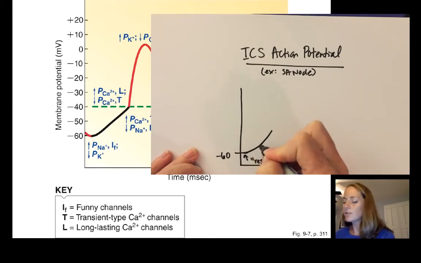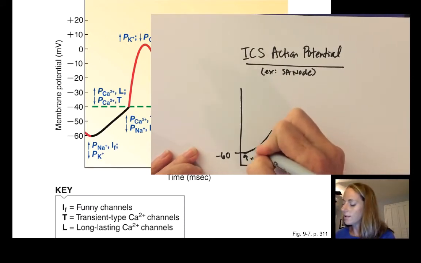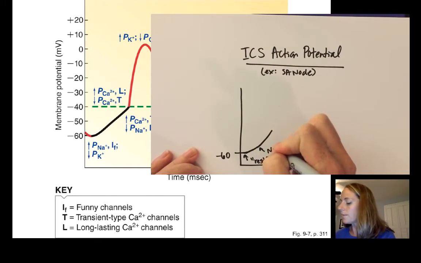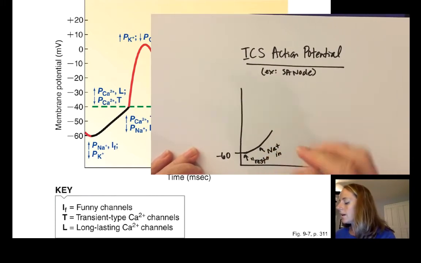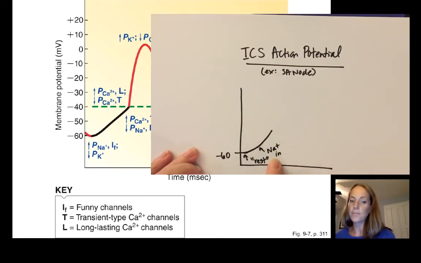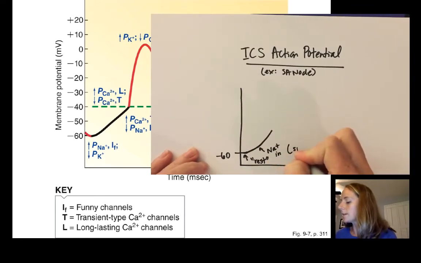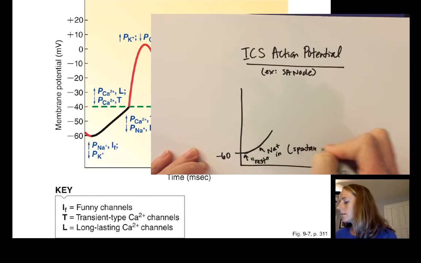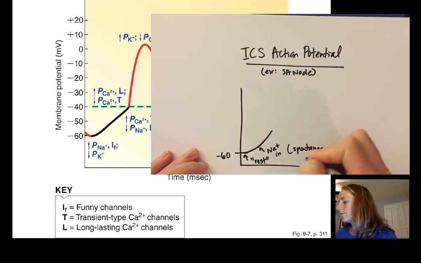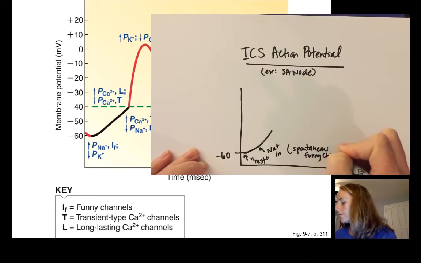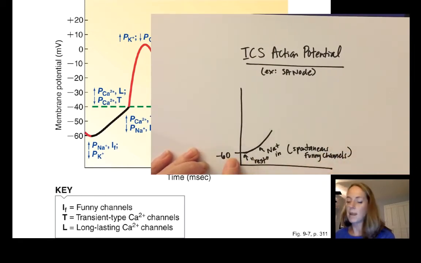And this initial depolarization is going to be due to sodium entering the cell. The sodium is going to enter the cell through spontaneous funny channels that are voltage gated at minus 60. As soon as the cell hits minus 60, sodium is going to enter.